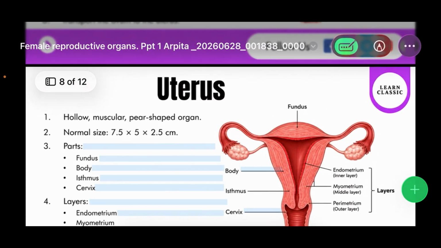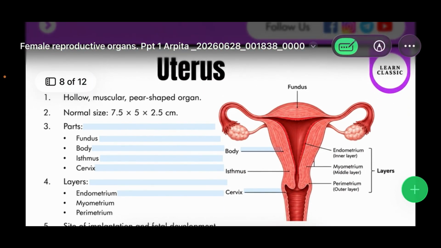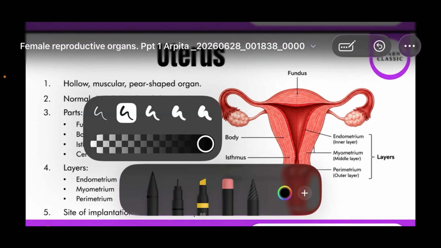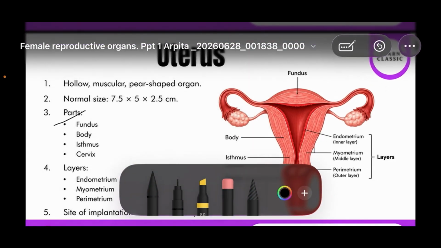Now the uterus is a hollow muscular pear-shaped organ. Normal size is 7.5 by 5 by 2.5 centimeters. The parts of the uterus are fundus, body, isthmus and cervix.